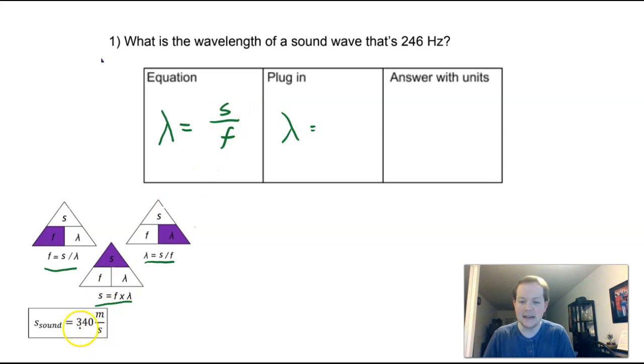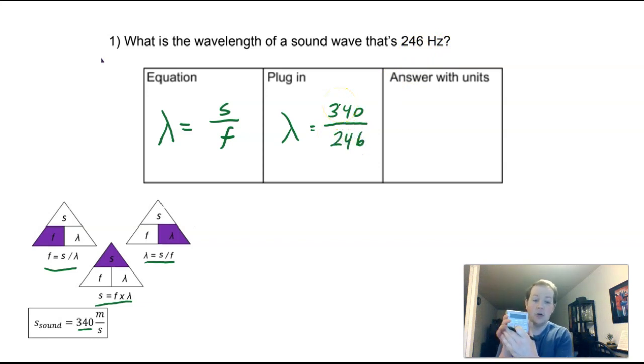To plug in, what is S? The speed of sound is always constant, 340, divided by F. What's the frequency in this question? It's 246.